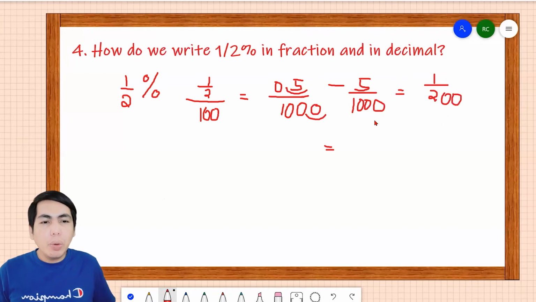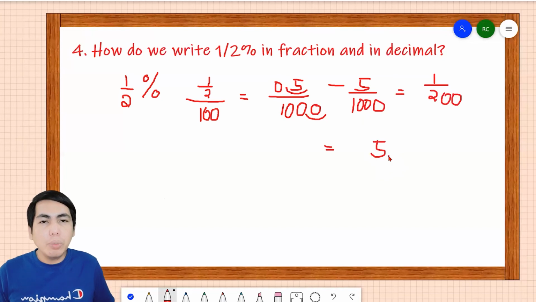Now, how are we going to change this into decimal? In changing this into decimal form, we have to move the decimal point going to the left by 3 decimal places, since our denominator is 1,000 and 1,000 has 3 zeros. The decimal point of the whole number 5 is understood to be after the digit 5.